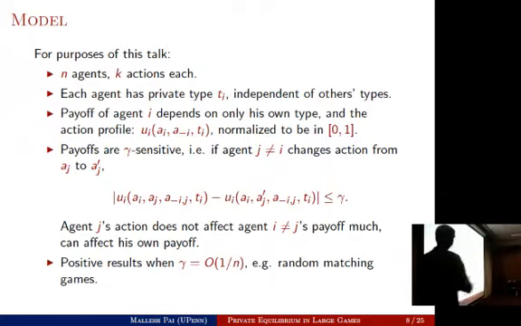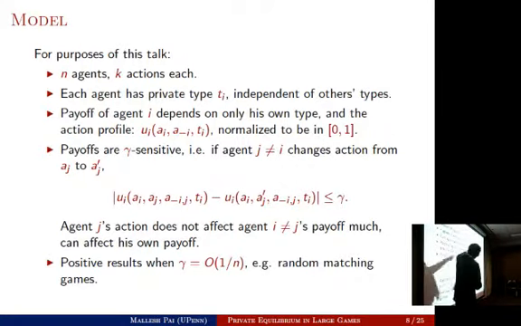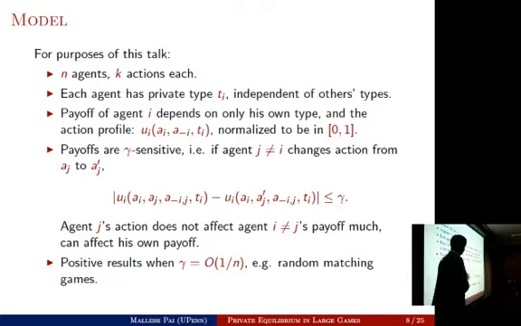Here's the setting. For the purposes of this talk, n agents, k actions each. Each agent has a private type, which I'm not going to define. The type space can be arbitrarily large. All I'm going to ask is that your type is an independent draw from a distribution, independent of everyone else's draw.